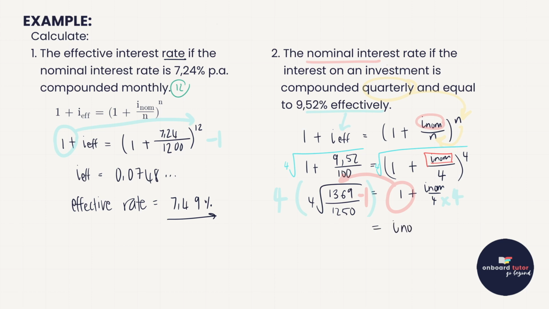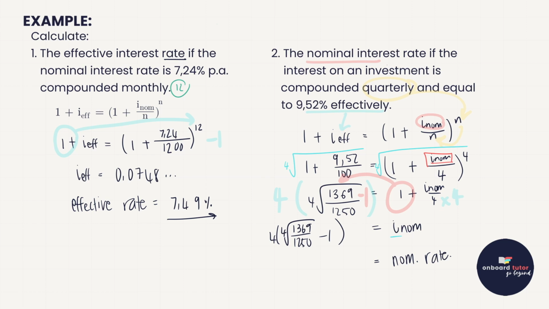So we'll have i nominal is equal to 4 multiplied by the fourth root of this fraction, minus 1. And I can type that all into my calculator. Again, be aware of the fact that we're working out i, so in order to get the rate, I'm also going to multiply by 100. Let's do that all in one step now.